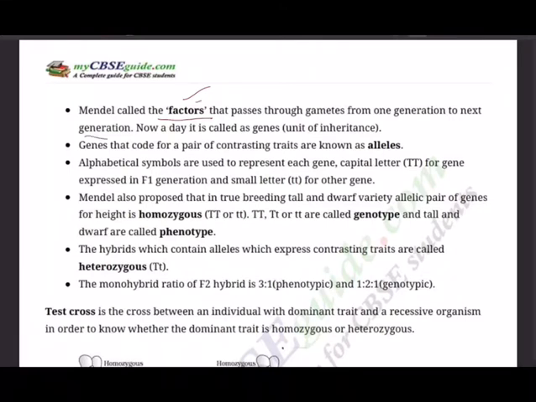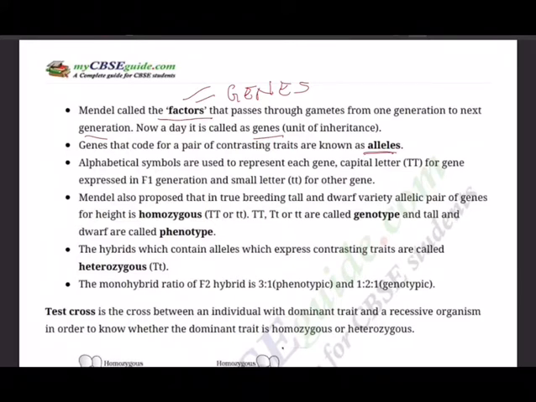Now we are calling these factors genes, right? And thanks to the genes for the hereditary characters that we possess. Nowadays they are called genes, the unit of inheritance. Genes that code for a pair of contrasting traits are known as alleles.